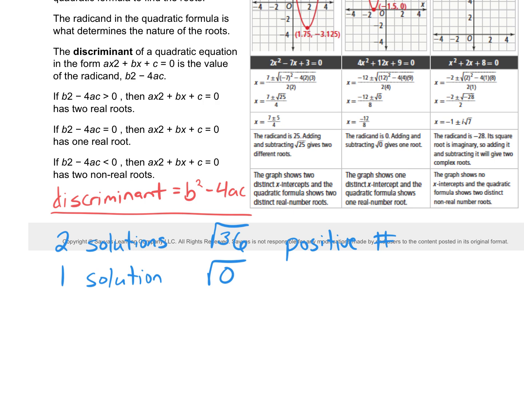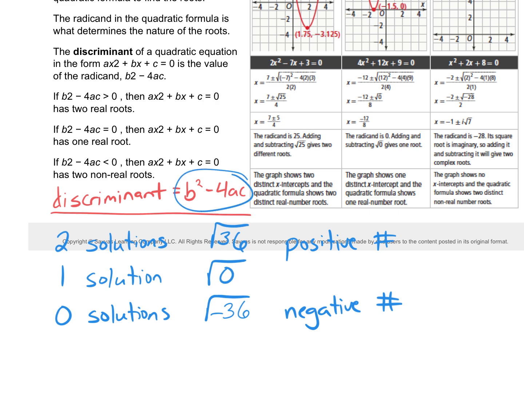So the square root is no longer there, and we just have 1 solution. And then no solutions. How do we get no solution? Negative. If we have a negative in there, for example negative 36. Those are the 3 options, and we can figure that out by just evaluating what the discriminant value is.